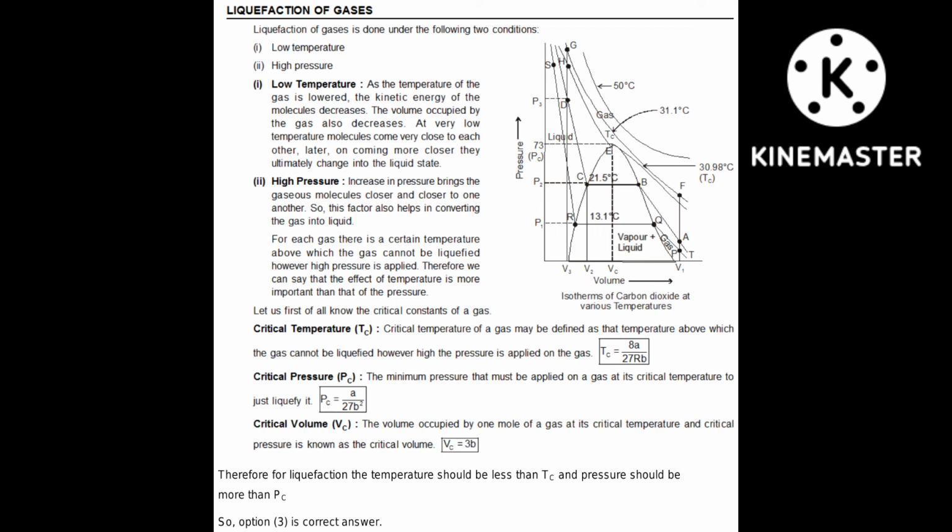Now we can move on; the graph is telling so many things, but I am telling you that at this temperature, like 30.98 or 31 degree, only one phase will be there, and only at that time the phase will change.